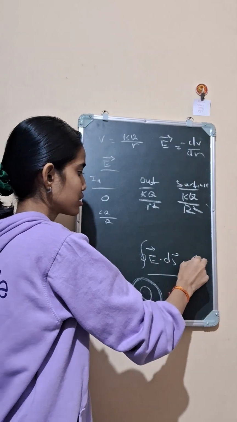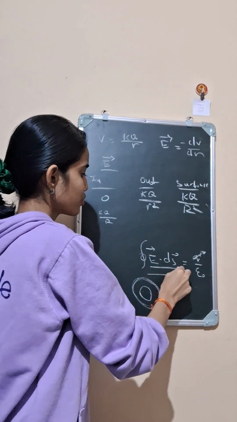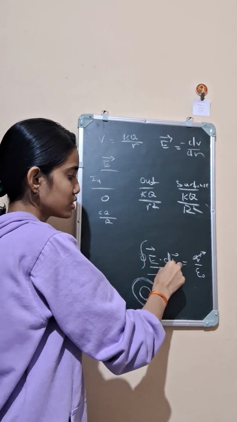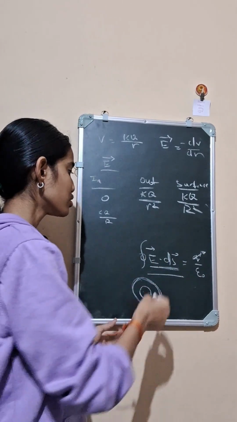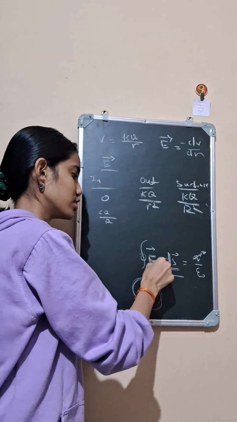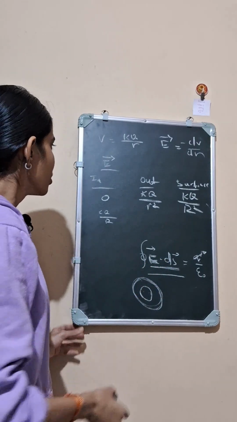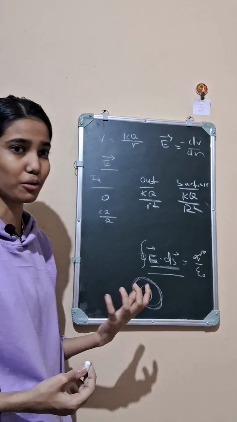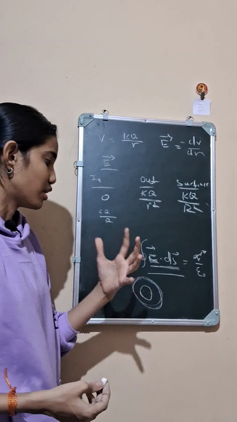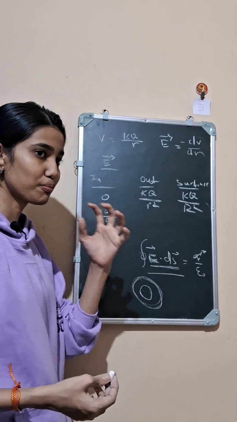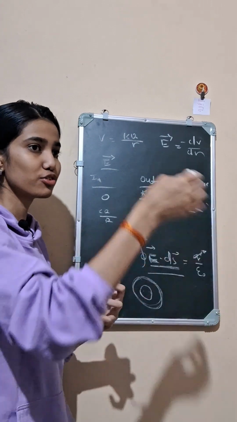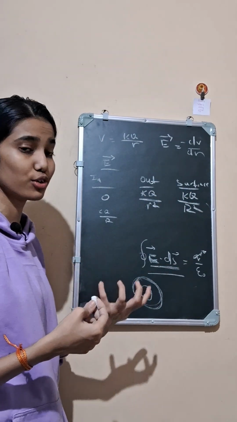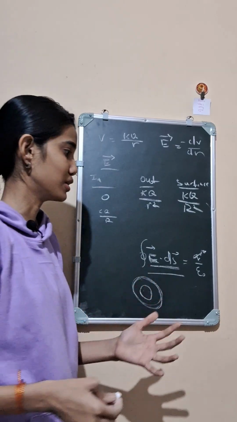If this thing is equal to 0, this thing will obviously be equal to 0, and as the surface cannot be equal to 0, it means the field is equal to 0, right? So as there is no charge inside the sphere, for a point inside the sphere, if we make a Gaussian surface, the field will be equal to 0. I hope this is clear.